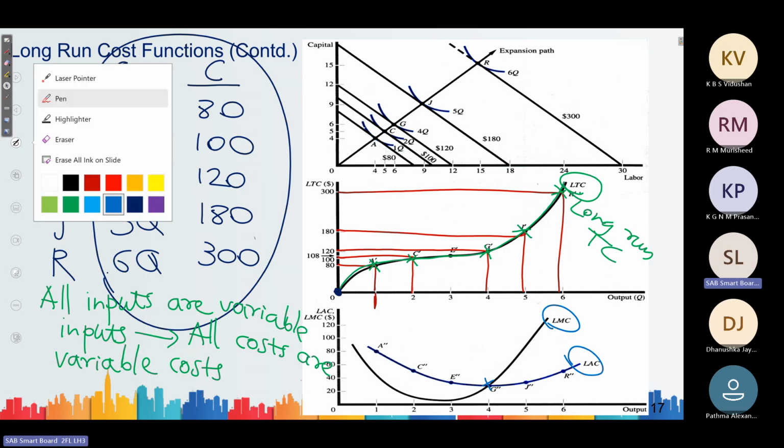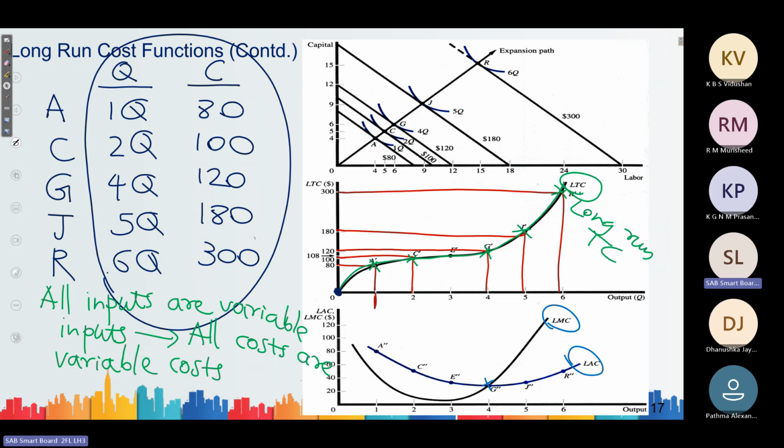So what we observe here is that the long run marginal cost curve and long run average cost curve intersect at the point where long run average cost is minimum.